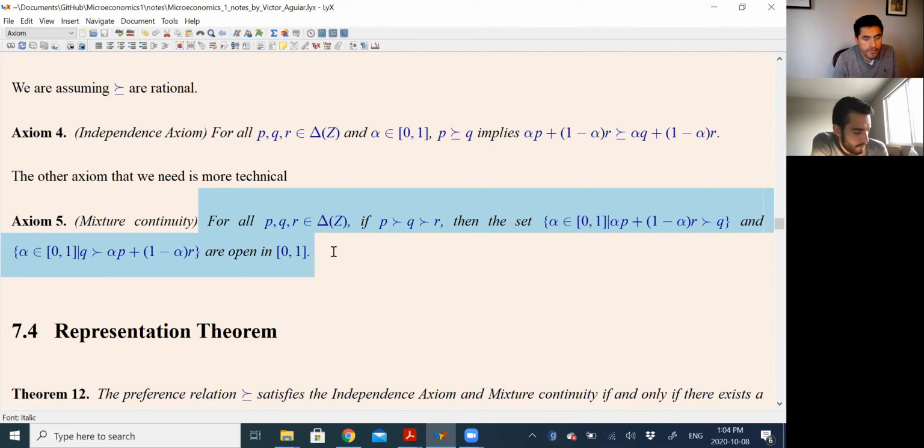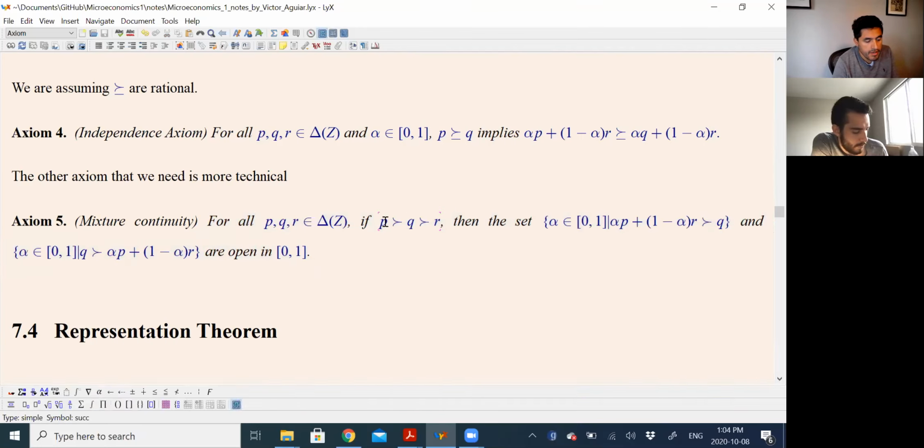So in particular, imagine you have three lotteries, and P is better than Q and Q is better than R. Then if you take all combinations of alpha P plus 1 minus alpha R for all alphas that are better than Q, and you do the same for all combinations of alpha P plus 1 minus alpha R that are worse than Q, the upper contour set and the lower contour set of strict combinations with alpha, both sets, which are subsets of the space [0,1], are open.